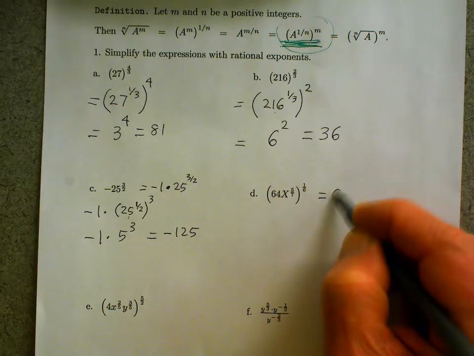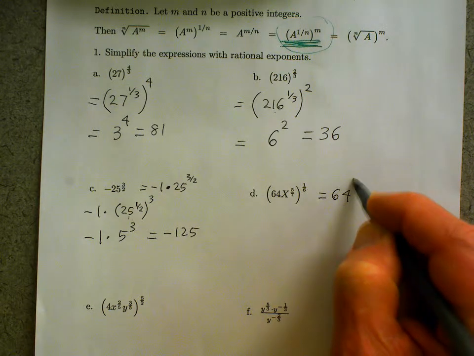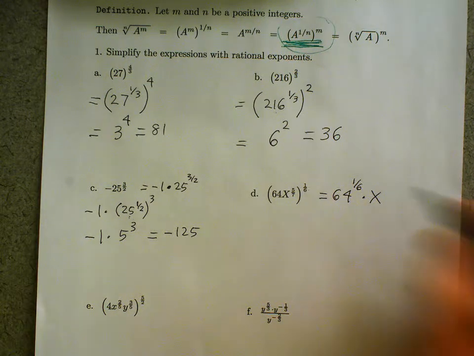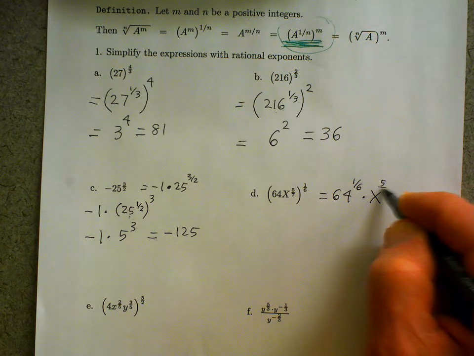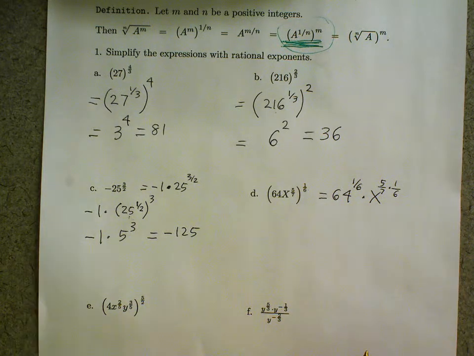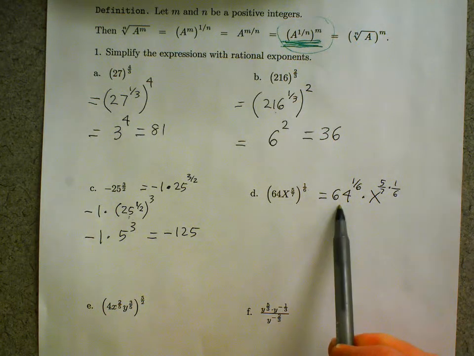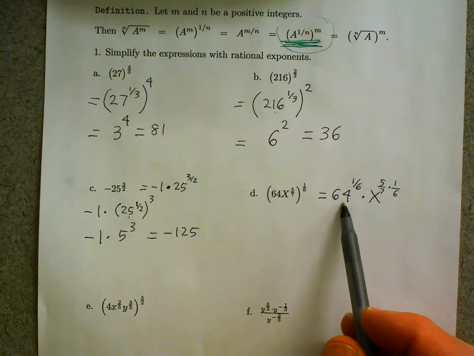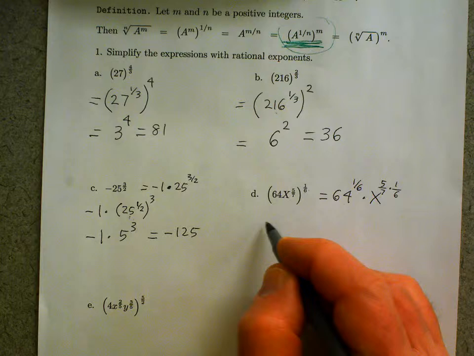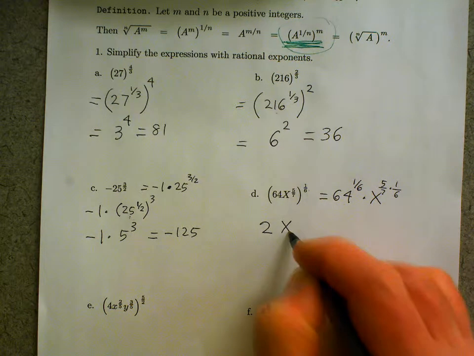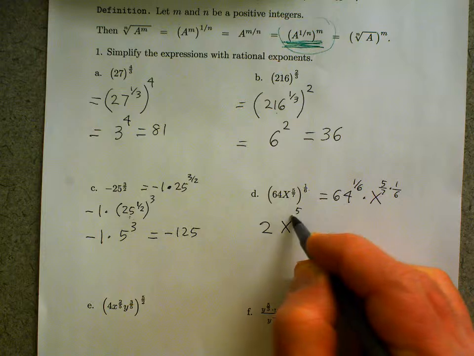And we have 64 to the 1/6 times x to the 5/7 times 1/6. And then 64 to the 1/6, the 6th root of 64 is 2. And so we have 2 times x to the 5/42.